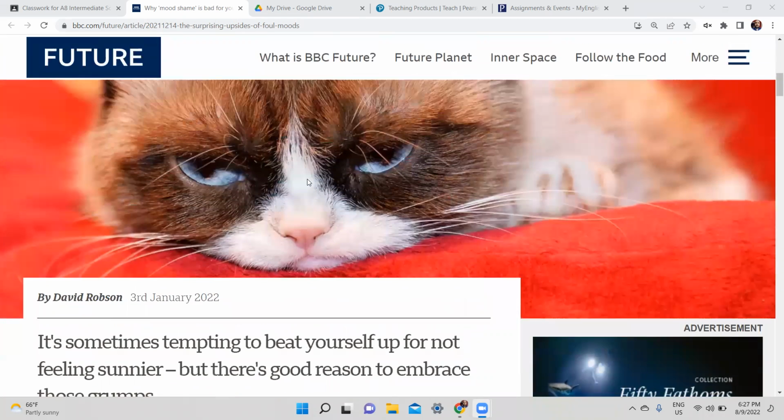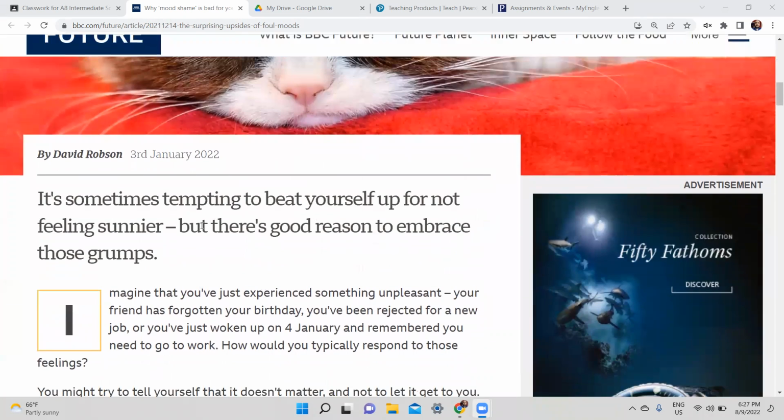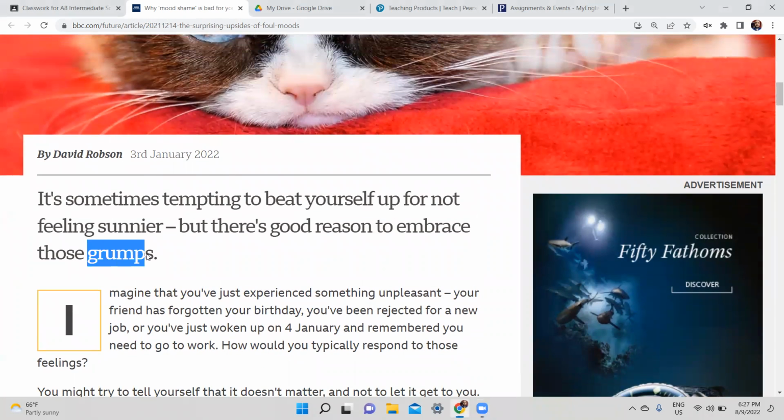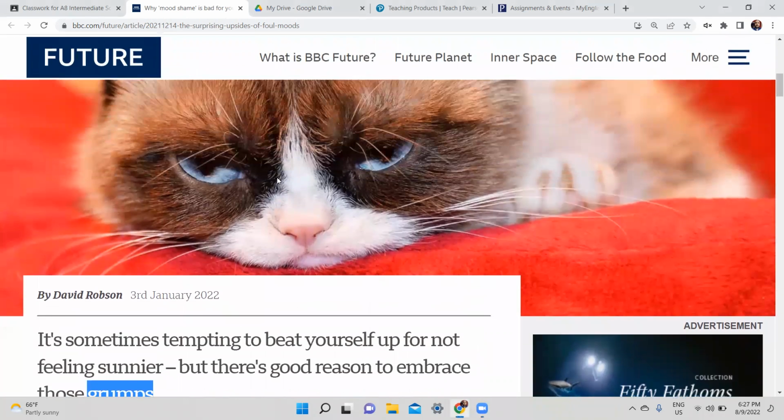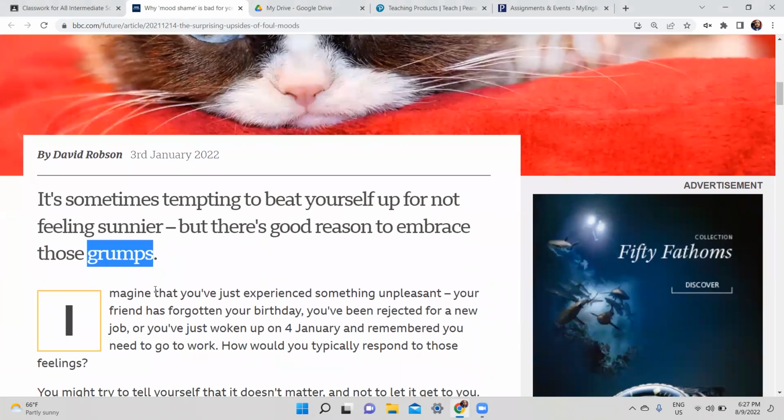All right, if the cat is grumpy and the dwarf is grumpy, what do you think Grumps is? What could it be related to? You can guess, you can give me ideas. If the cat is grumpy, what are grumps?